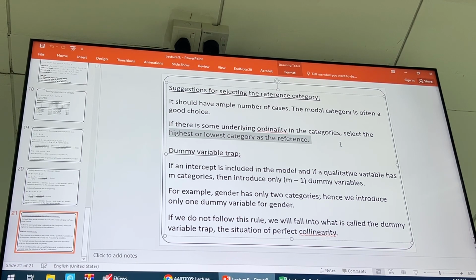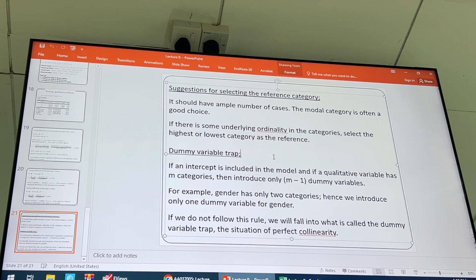In that case, you can select either the lowest one or the highest one to be your reference category. You have 3 categories, you only include 2 dummy variables, you exclude 1. Based on this suggestion, you exclude either the lowest category or the highest. So let's say you select the lowest one, the primary school, then you just include the variable for the secondary school and the tertiary education.